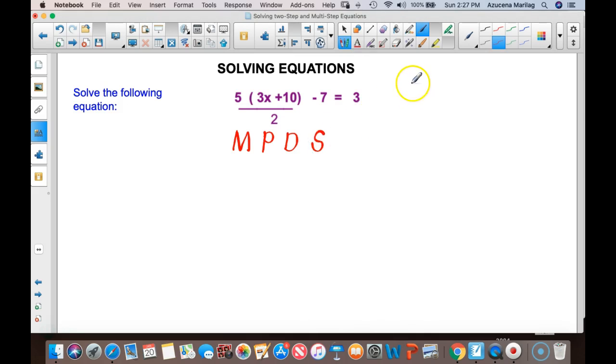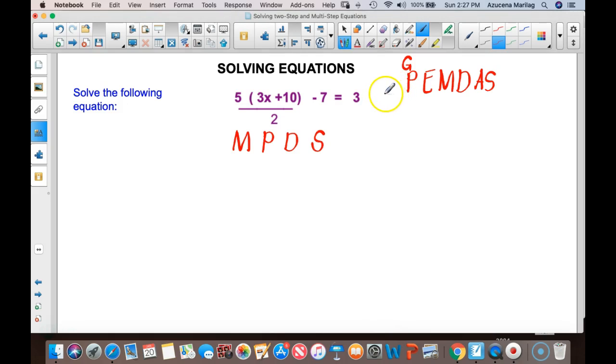Now, if you will try to remember the order of operations, and some people try to remember or memorize this mnemonic device, I still want you to remember the vocabulary words though. This P represents parentheses, and some people change it into G to represent all the grouping symbols.